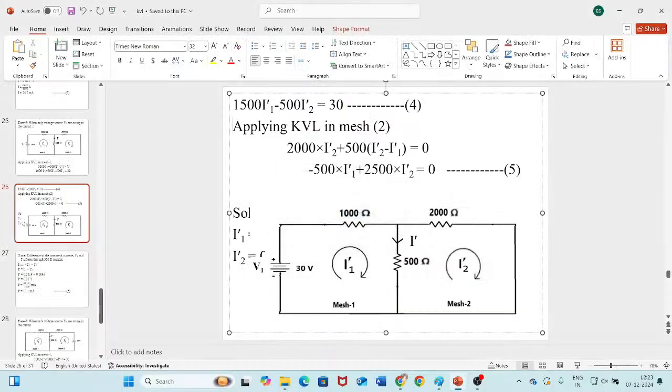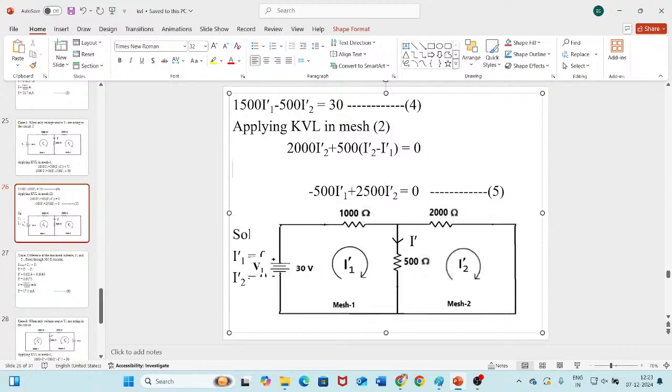So here it is 2000 into I2 dash. I have put this multiplication symbol, but no need. So 2000 into I2 dash plus 500 into I2 dash minus I1 dash is equal to what? Is there any voltage source?